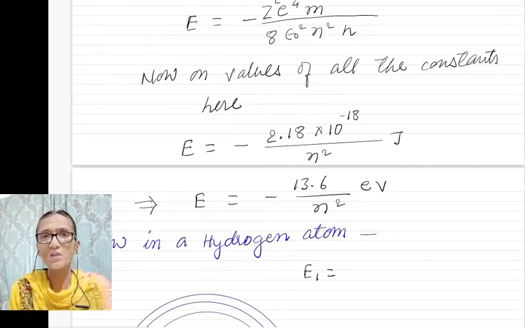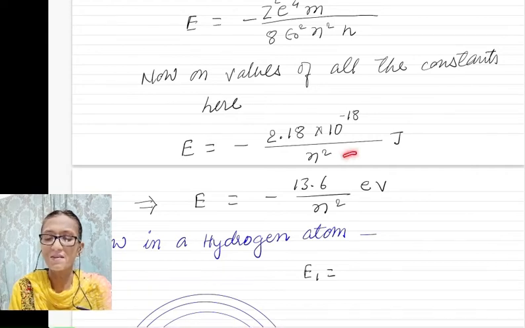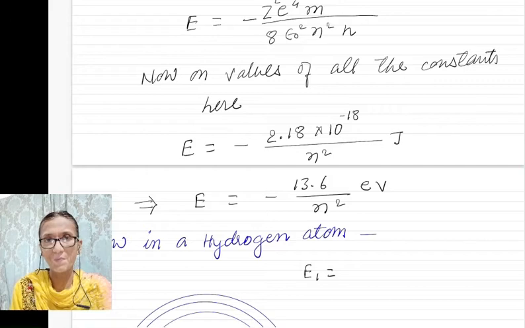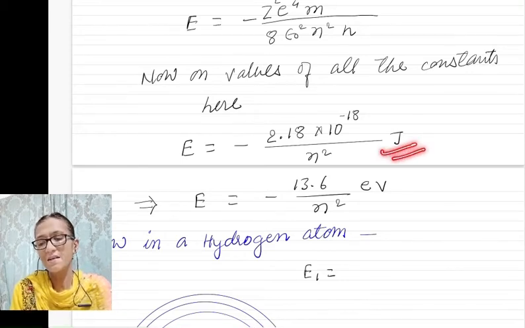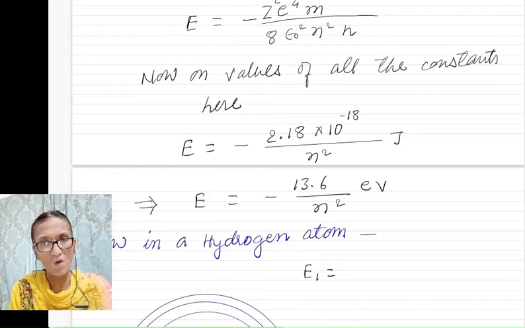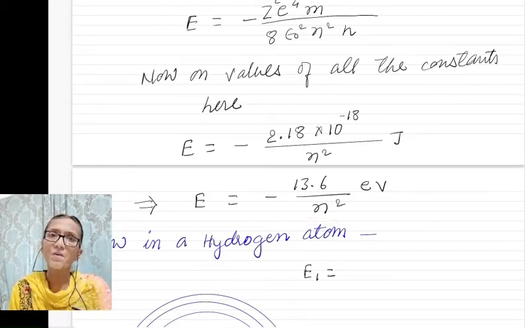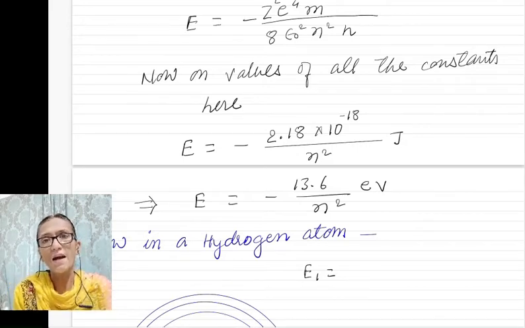If you change the number of the orbit, which is also called the principal quantum number, then the energy of the stationary orbits will change as per this formula. And in electron volt, it is minus 13.6 divided by n square.